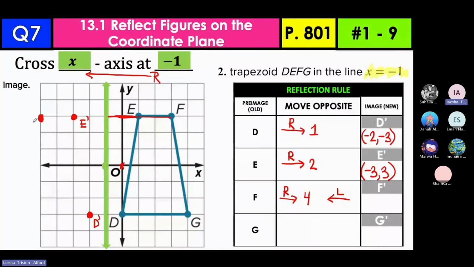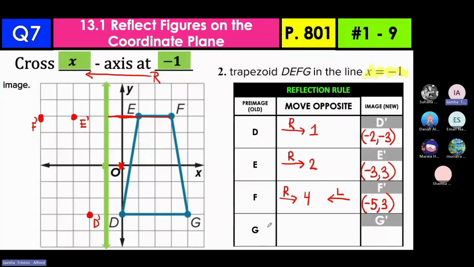So this one, we're going to call it F prime. Then you say, where is F prime? 5 units left and 3 units up. So -5 and +3.